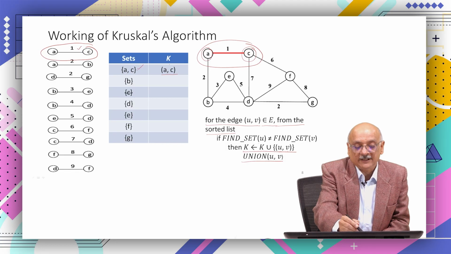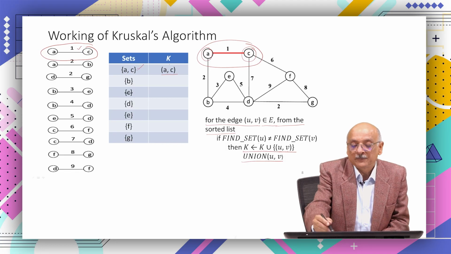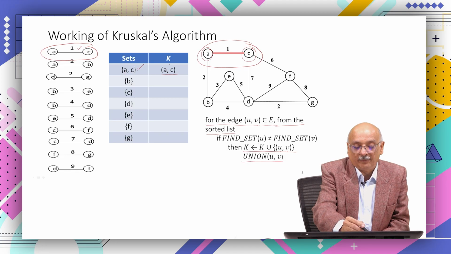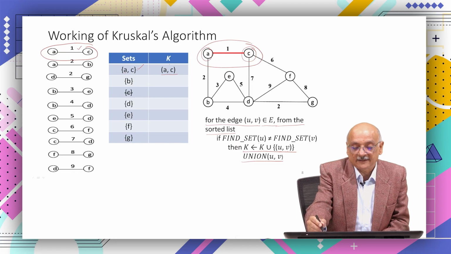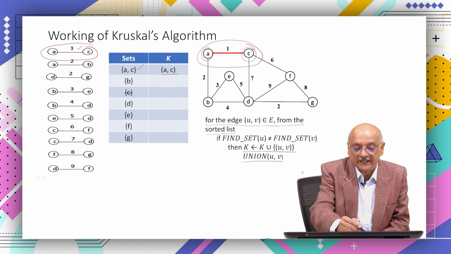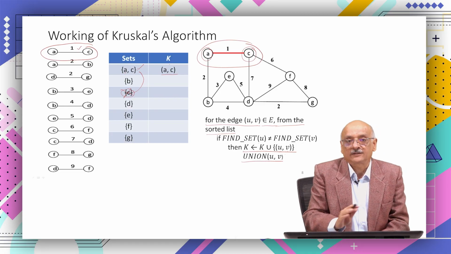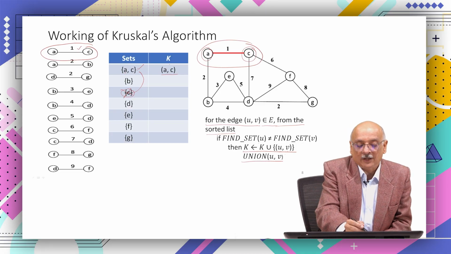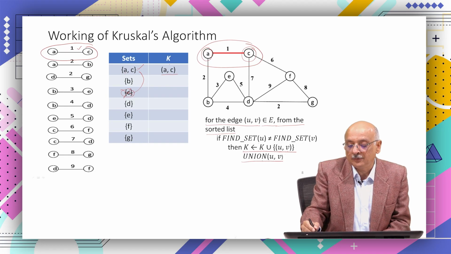So this is showing the union: the set of A consisted of A, the set for C consisted of only C. These two have been put into one set, that's why it has been removed from here. This is no longer there. And what we have got is AC as a new union.